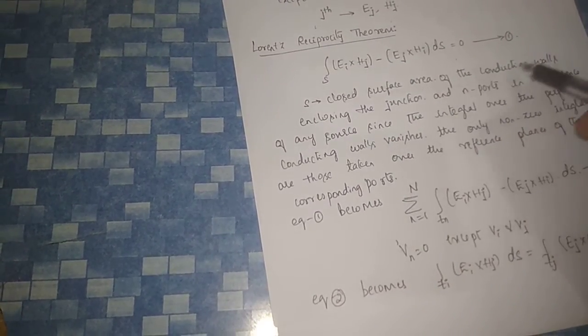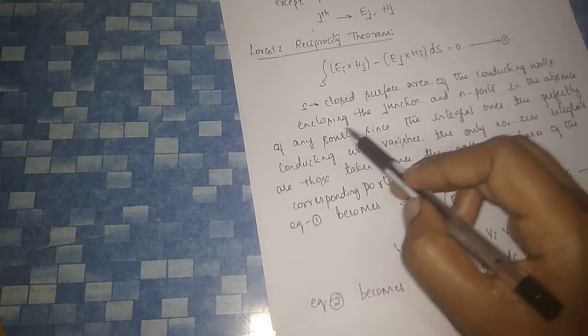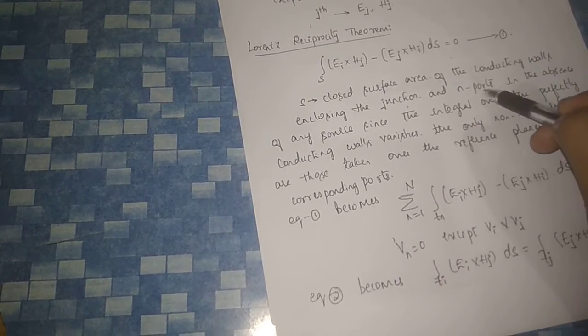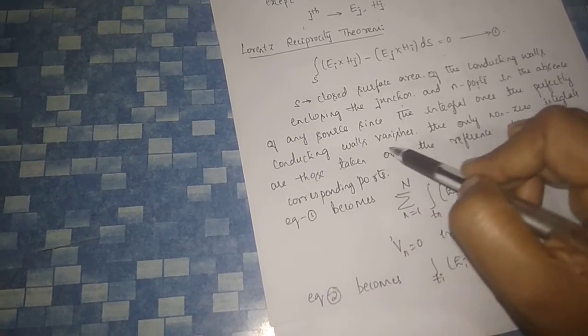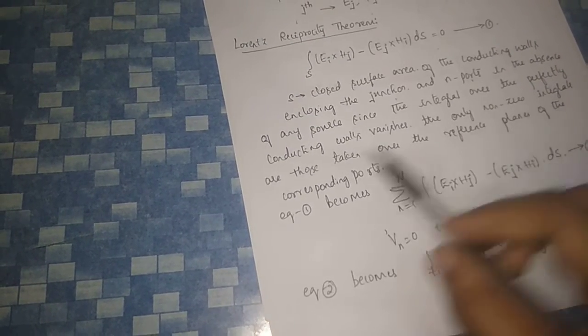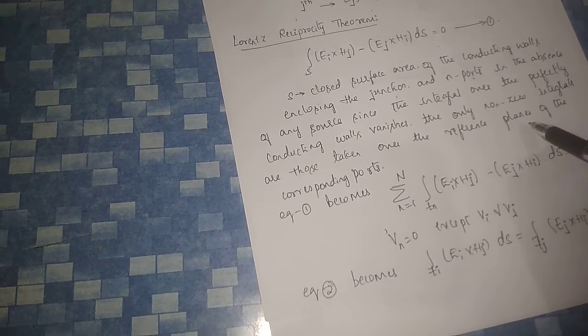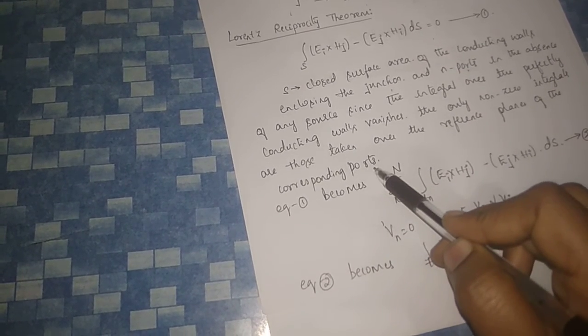So by that theorem you can write this equation: closed surface area of the conducting walls enclosing the junction and end ports in the absence of any source. Since the integral over the perfectly conducting walls vanishes, we are considering only the non-zero integrals, which are taken over the reference planes of the corresponding ports.